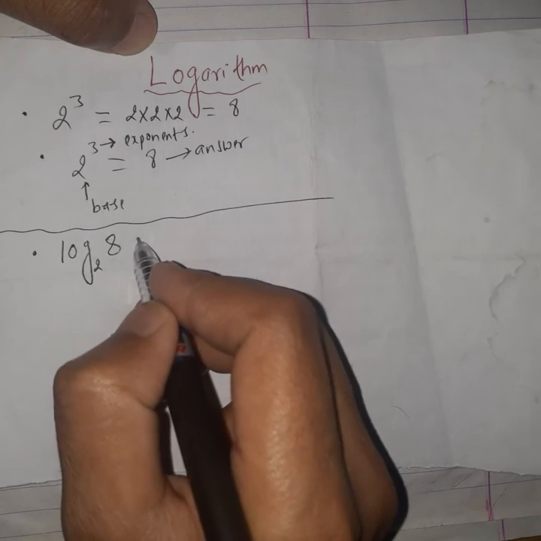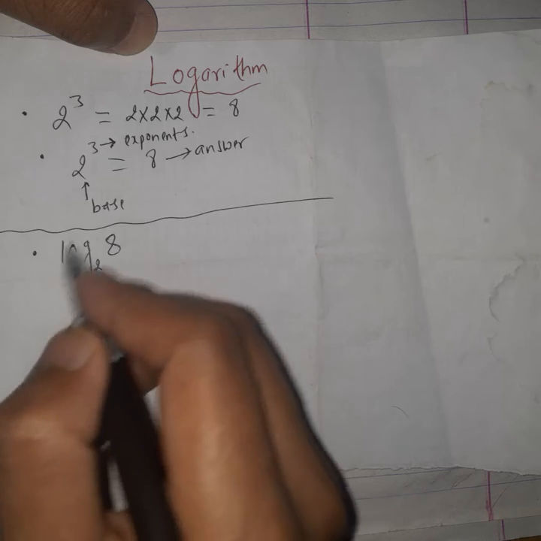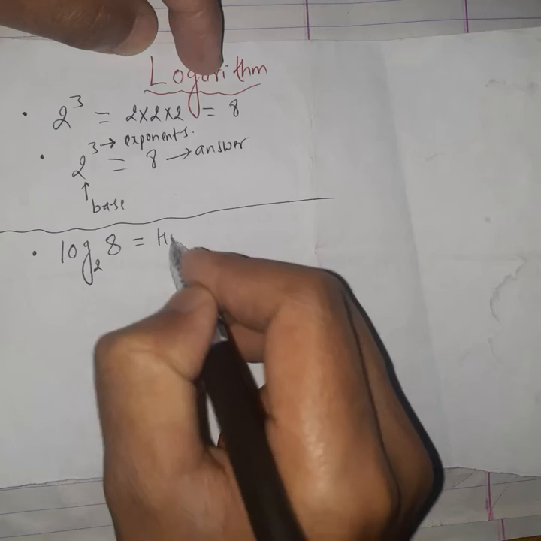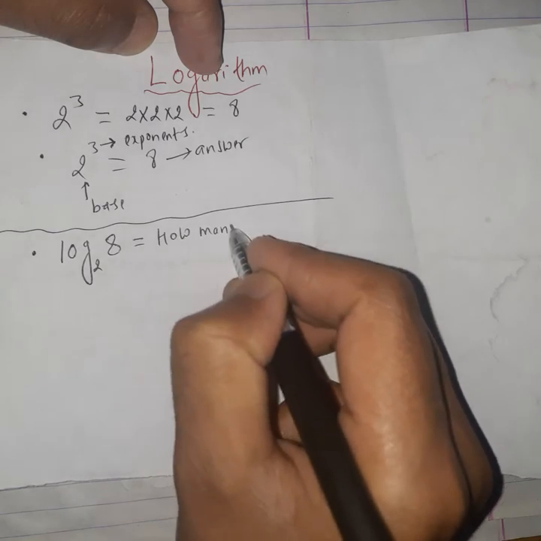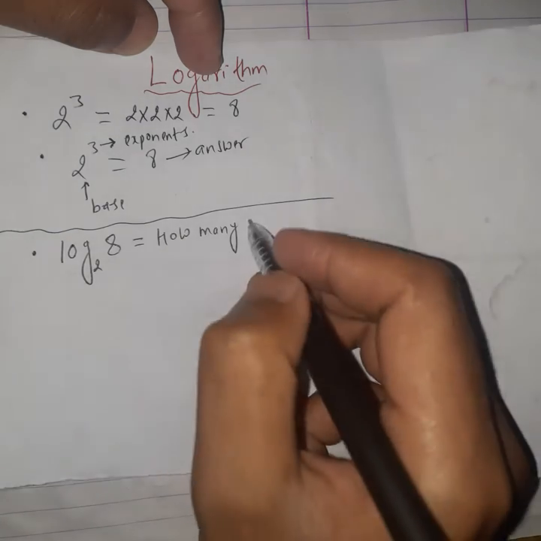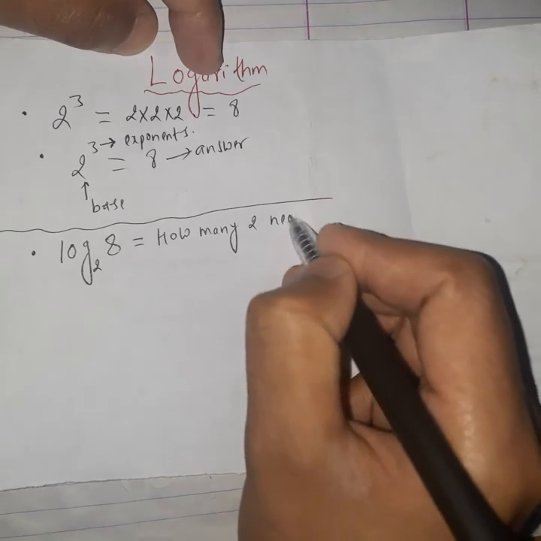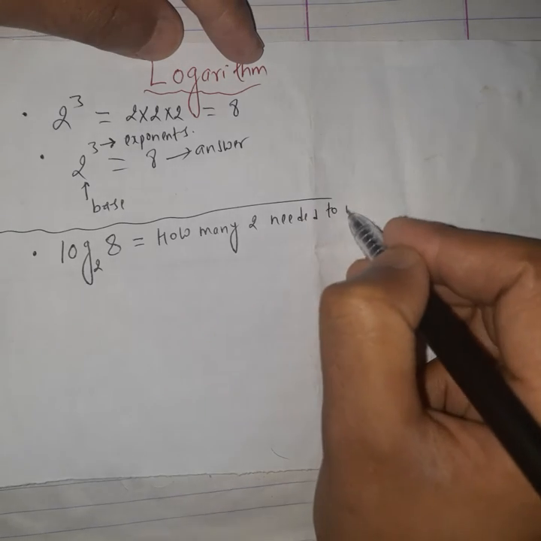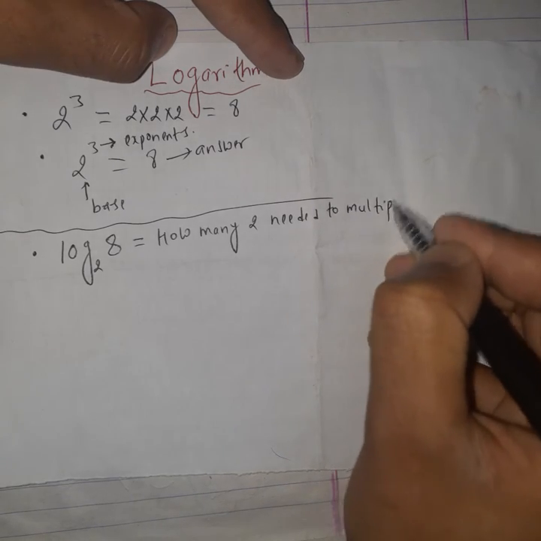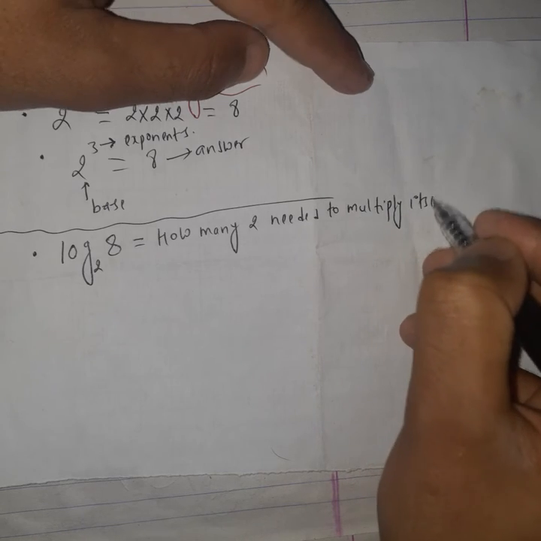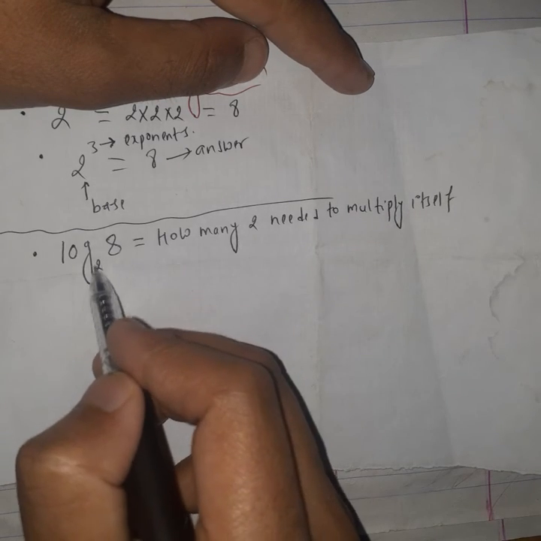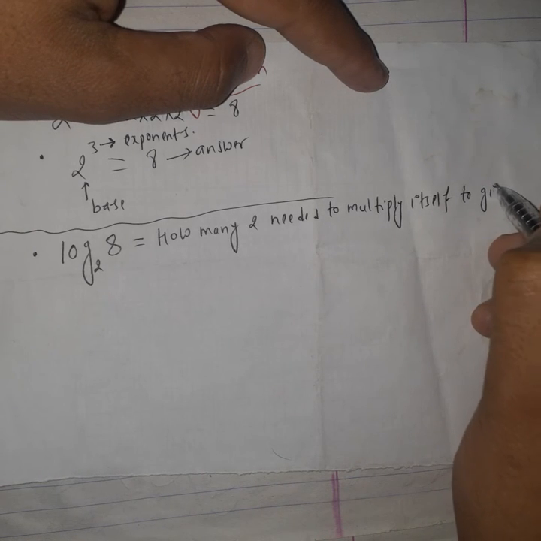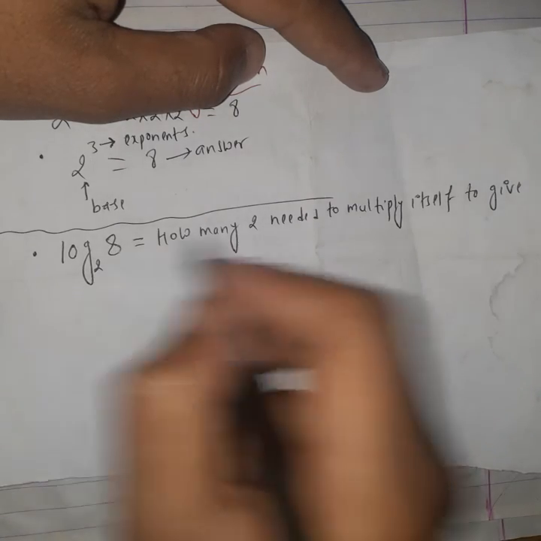The meaning of this notation is: how many 2s are needed to multiply by itself to produce the result 8.